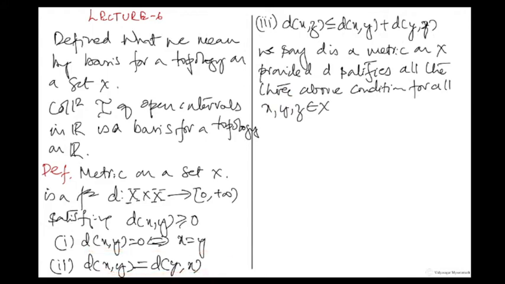So for any three points in X, we want all three conditions to hold true. Then we would call the function d a metric on the set X. And in such a case, we call the pair, the set together with a metric, a metric space.